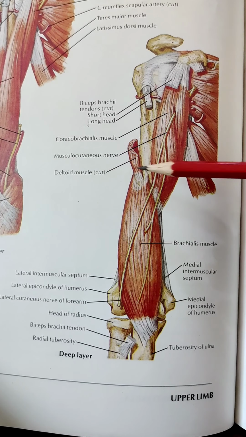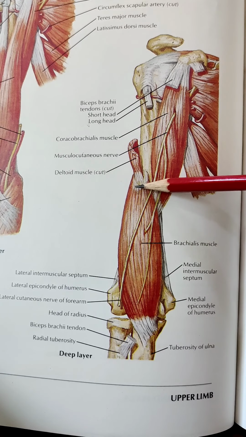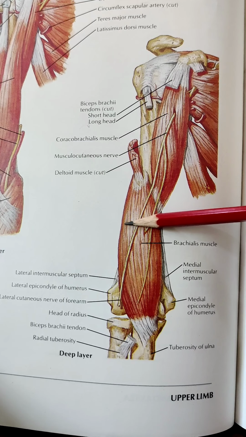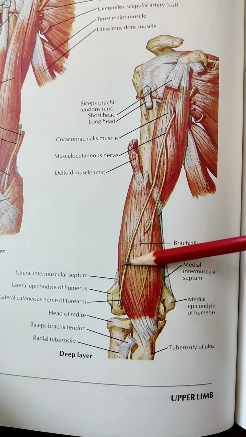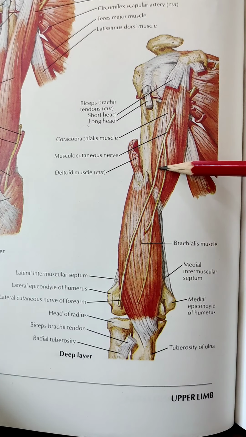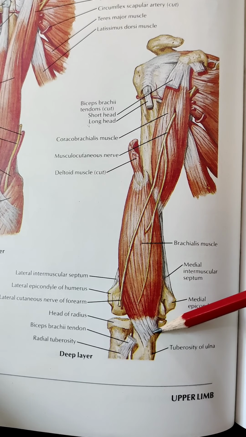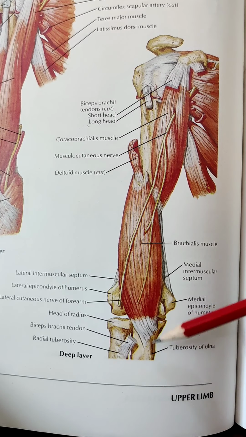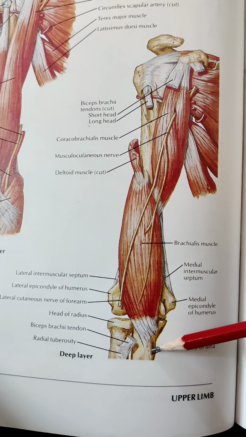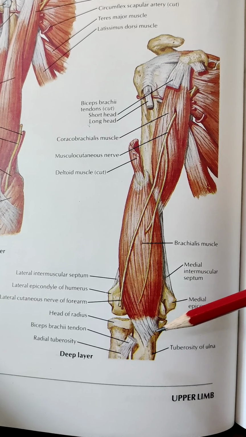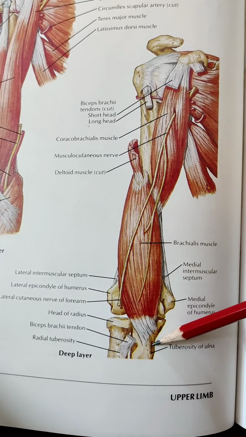Here you can see the brachialis muscle originating from the anterior surface of the lower half of the humerus, and this is the brachialis being innervated by the musculocutaneous nerve, and this is the insertion of the brachialis muscle into the tuberosity. This you can see is the tuberosity of the ulna. So it gets inserted into the coronoid process, which is hidden here behind this muscle, and the tuberosity of the ulna.